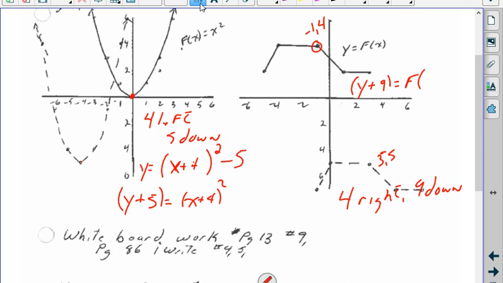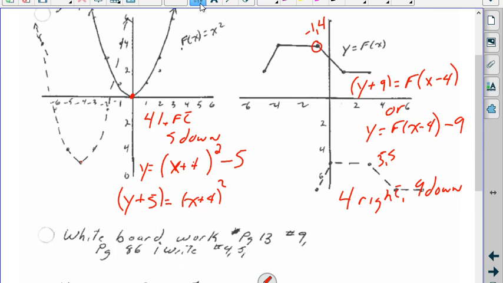And I moved it 4 to the right, so this is x minus 4. I'm perfectly happy with either of those. So this is defined explicitly. This is defined implicitly. Explicitly means there's a variable outside by itself.